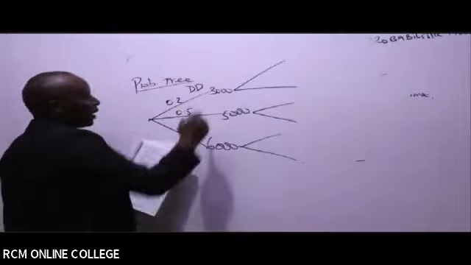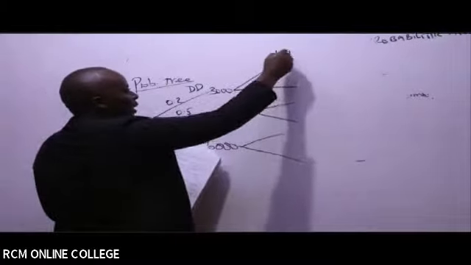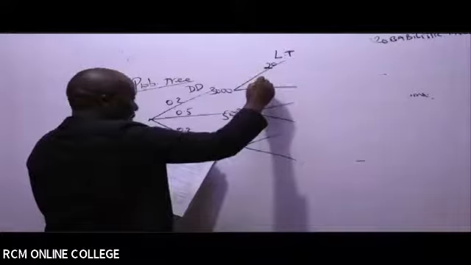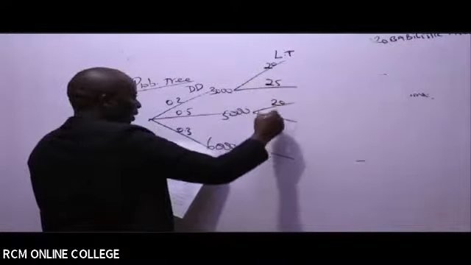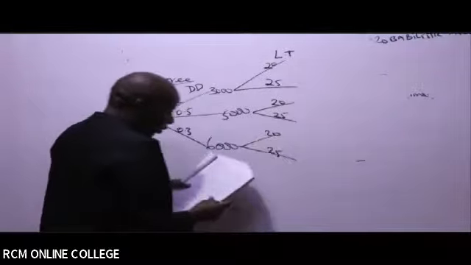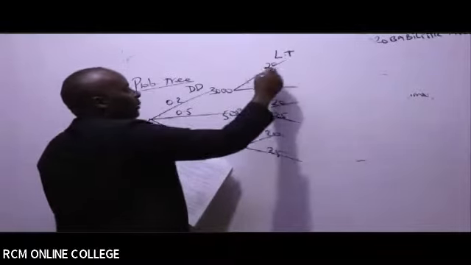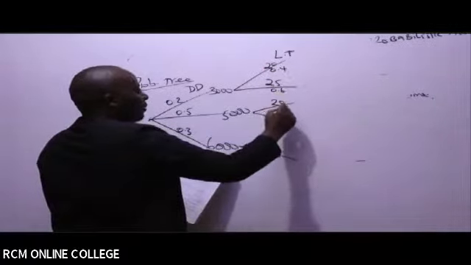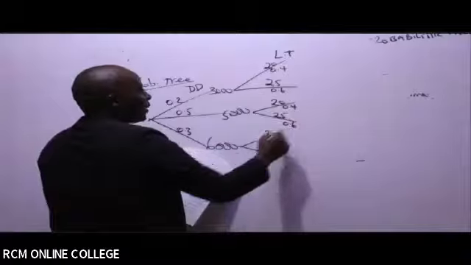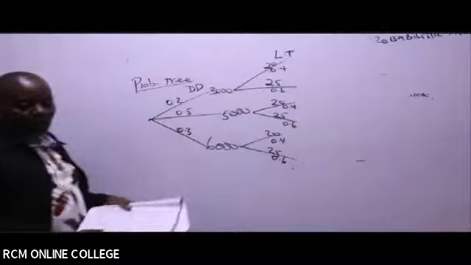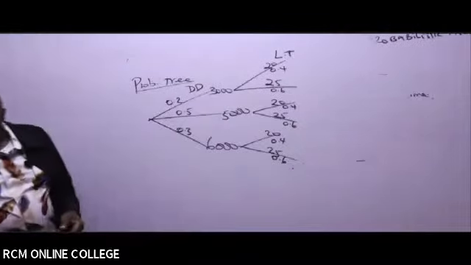Here we have our LT, which could either be 20 or 25, 20 or 25, 20 or 25. We have been given the probabilities there, 0.4 and 0.6, 0.4 and 0.6, 0.4 and 0.6. Let me know once you're able to draw this diagram.